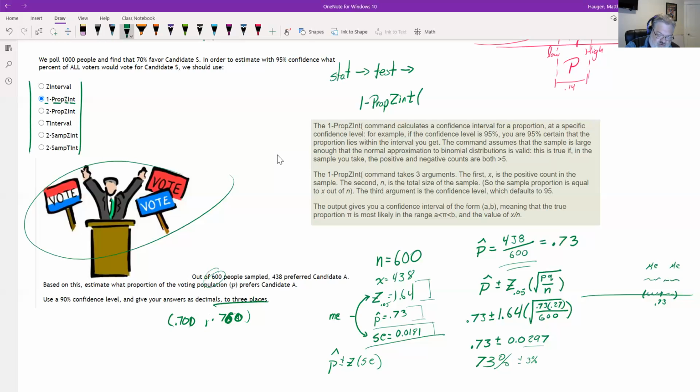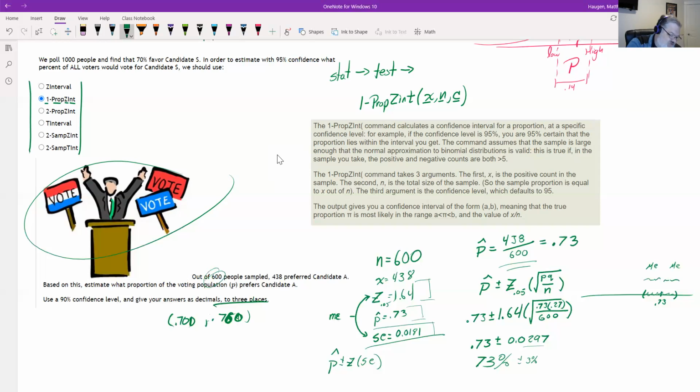It takes in 3 arguments: x, n, and I'm going to use C for confidence level. X is the number of positive counts, n is the sample count, and C is the confidence level.